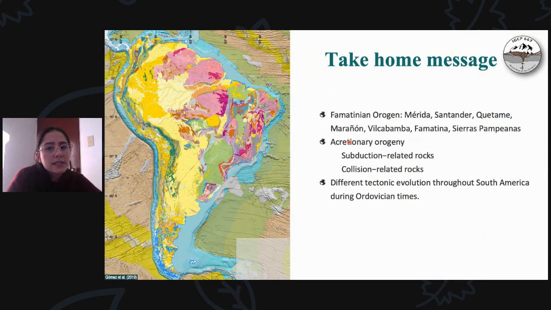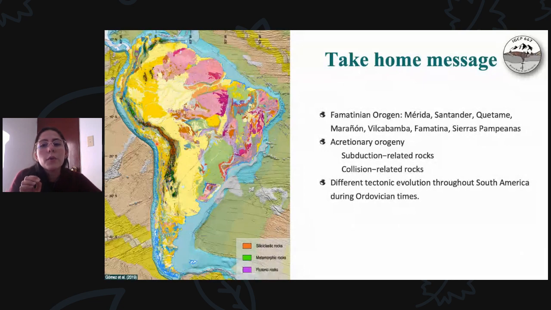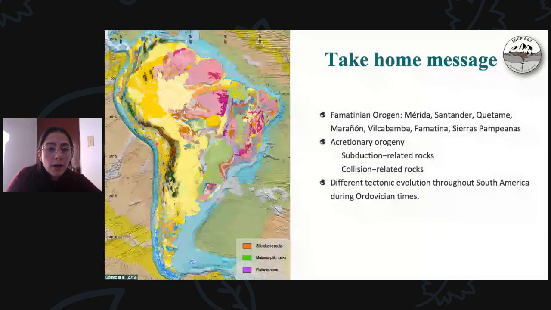The take-home message is the regional character of the Famatinian orogen. From Mérida Andes in Venezuela to Sierras Pampeanas in Argentina, this accretionary orogeny is exposed in subduction and collision-related rocks. It is also important to mention that although there was a continuous subduction zone, the tectonic evolution throughout South America during the Ordovician is different in different segments.